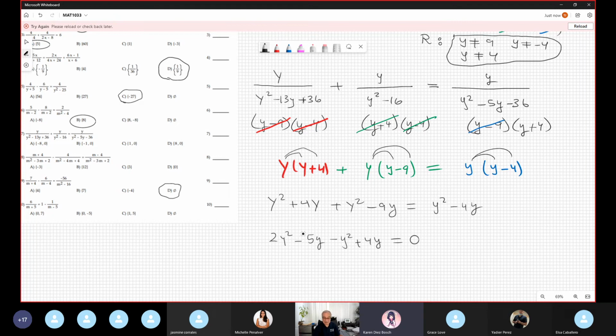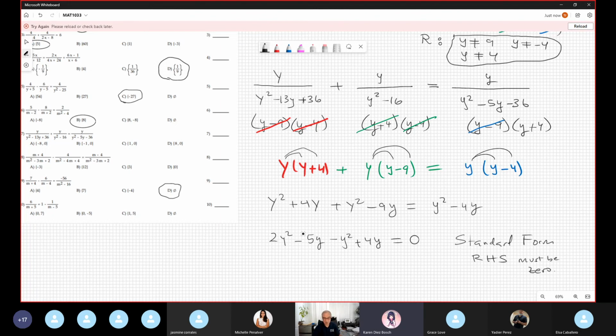Because it's a quadratic equation, and a quadratic equation you put in standard form. It is extremely important that you organize the equation in descending order of degree: degree 2, degree 1, and degree 0. And the right-hand side must be 0.